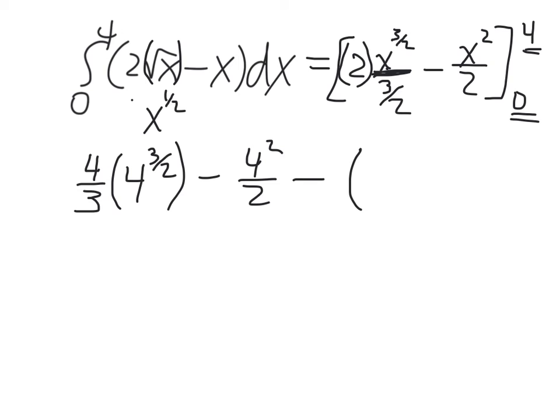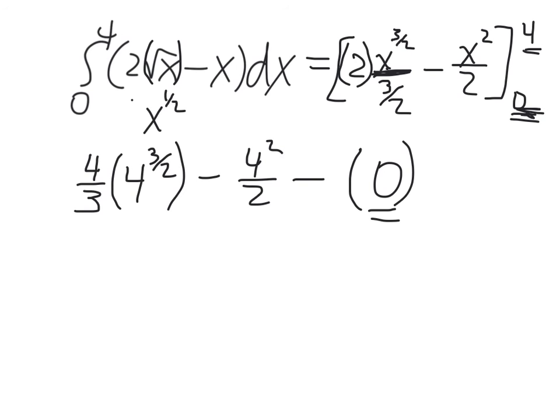Plug 0 in this case, yeah, we just get 0. But there's once in a while when you have a 0 here, we're not going to end up with just a 0. So make sure and check that. Don't just automatically assume it's going to be 0. Okay.